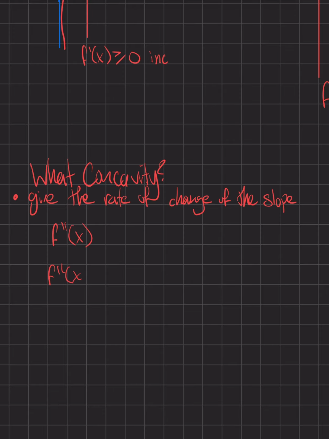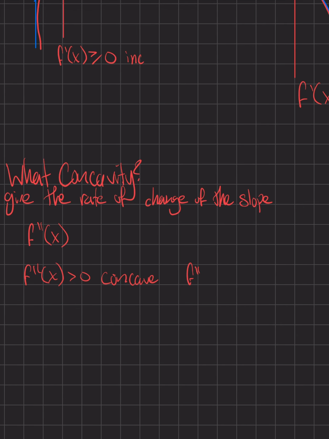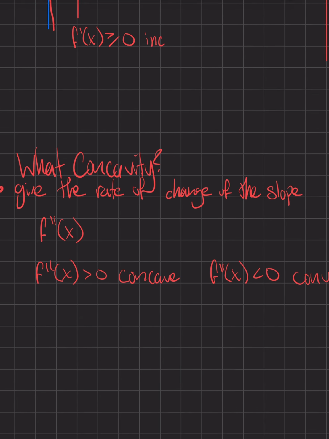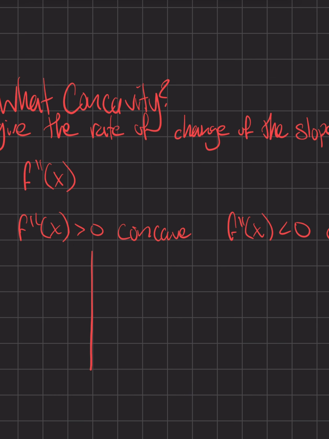If the second derivative of f of x is greater than 0, then that means it's going to be concave. And if you take the second derivative of f of x and it's less than 0, that means it's going to be convex.